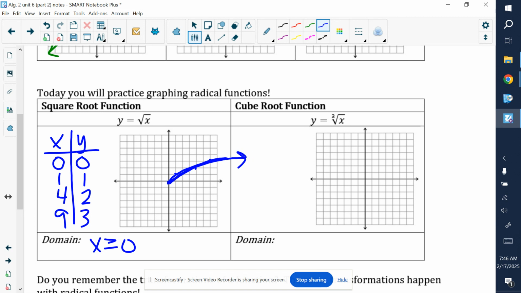The square root function is part of the inverse of your quadratic function, your parabola. It is just the positive values of your parabola.